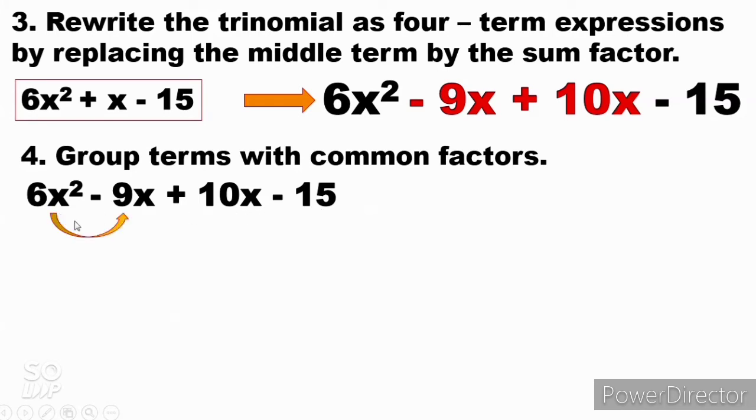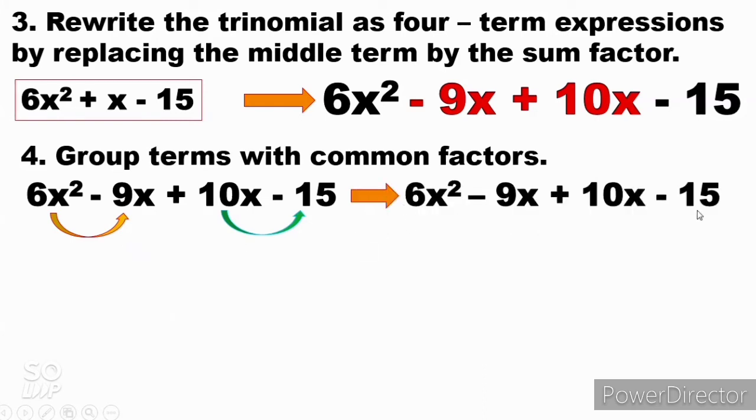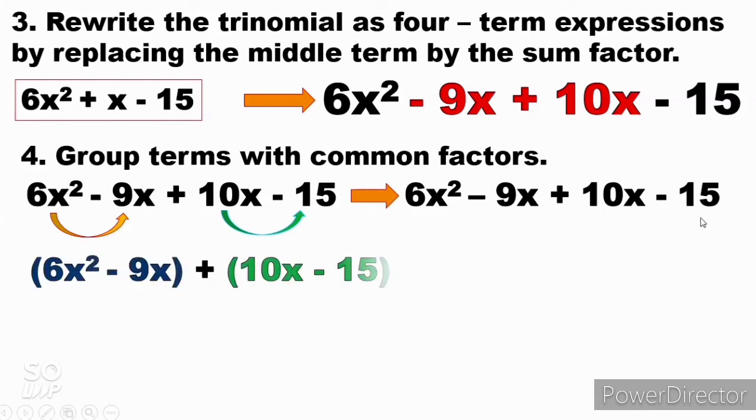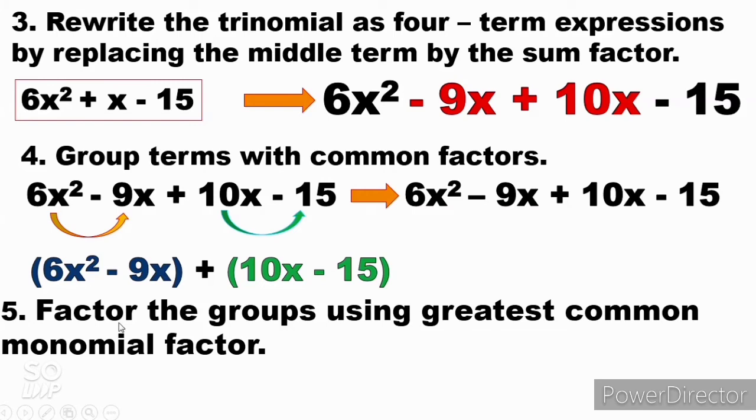So, ang pagpapartnerin natin is 6x squared tsaka 9x, 10x at tsaka yung 15. Hindi na natin sila i-rearrange. Re-rewrite na lang natin. We have 6x squared minus 9x plus 10x minus 15. Then, group natin sila. We have 6x squared minus 9x plus the quantity of 10x minus 15.